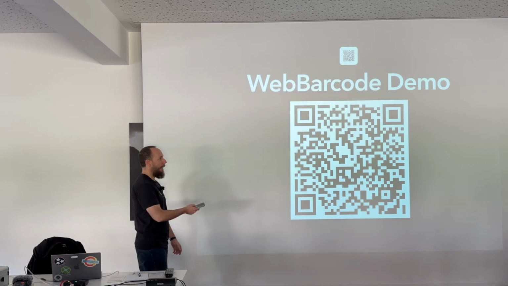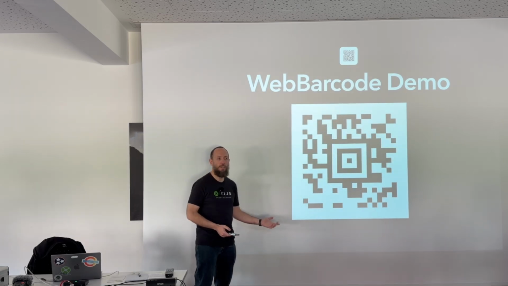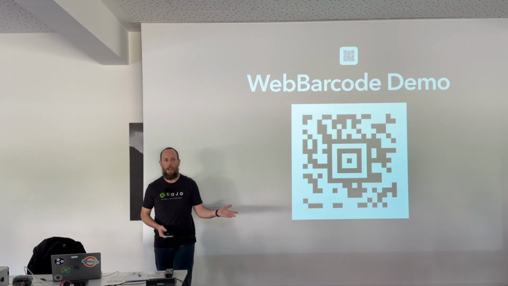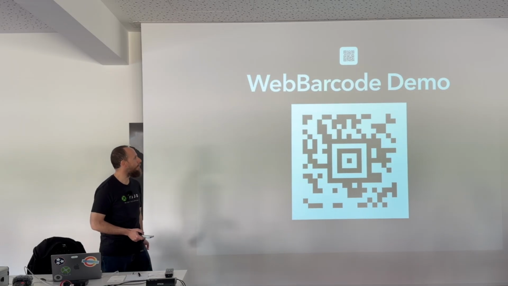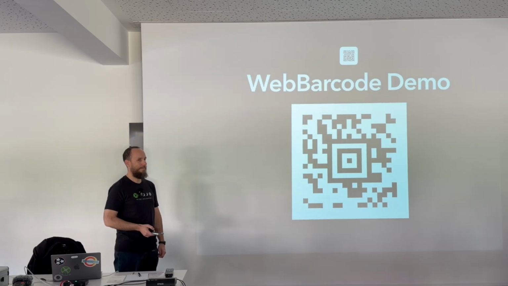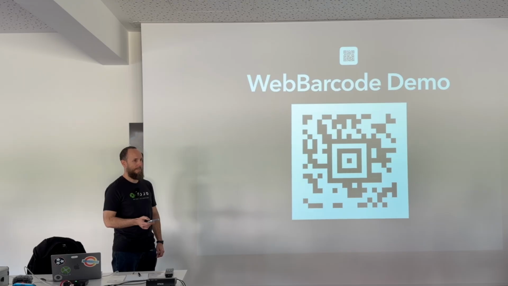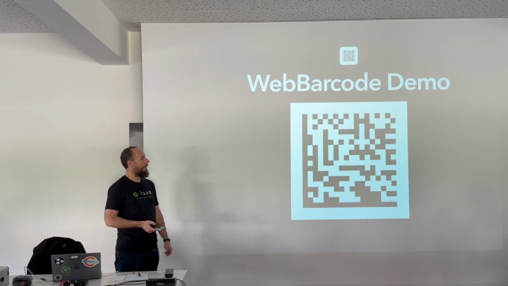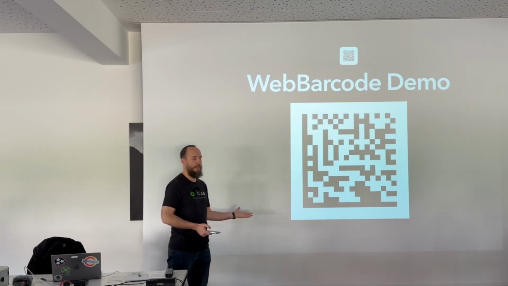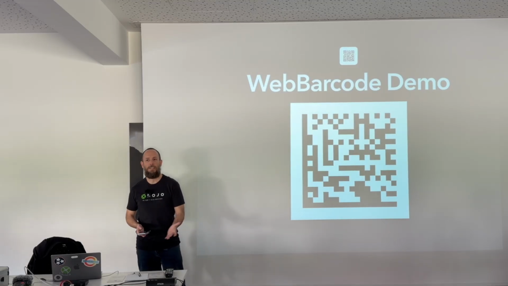If you still have the application, not only QR codes are supported, you can read also Aztec codes. Data matrix as well. Depending on the kind of barcode, it's going to read it faster or slower.